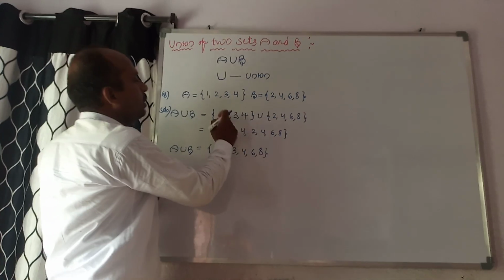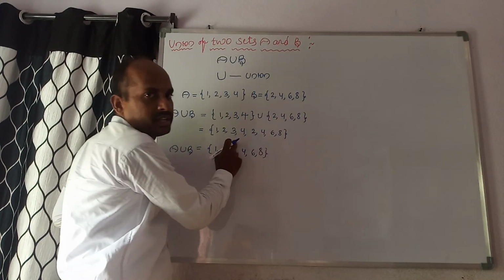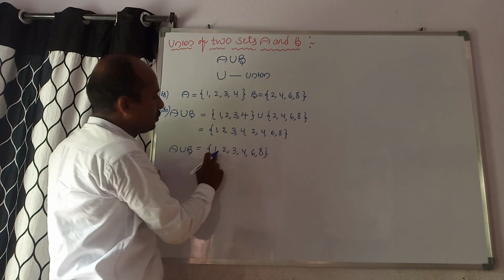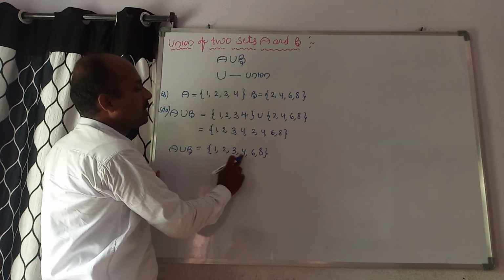For finding A union B, we have to write down all the elements of A and B. So A is together with B, that is 1, 2, 3, 4, 2, 4, 6, 8. We write down repeated elements only one time, that is 1, 2, 3, 4, 6, 8.